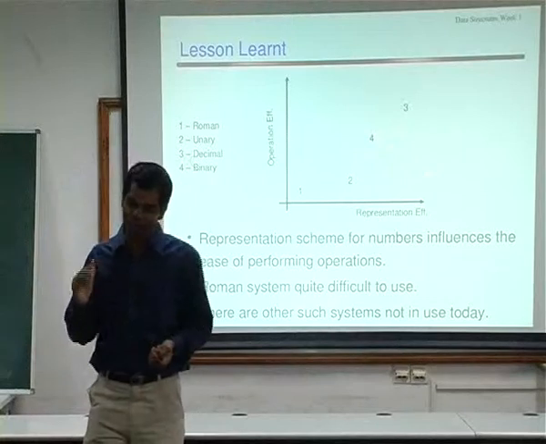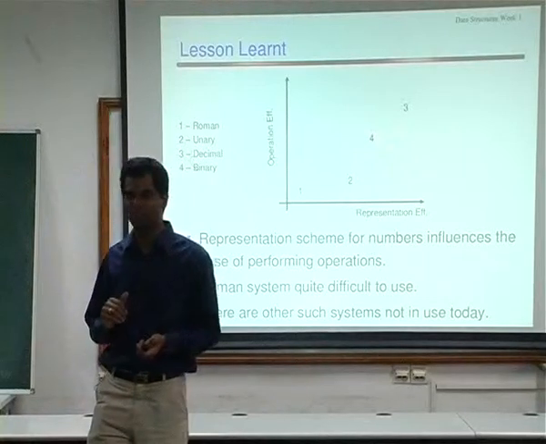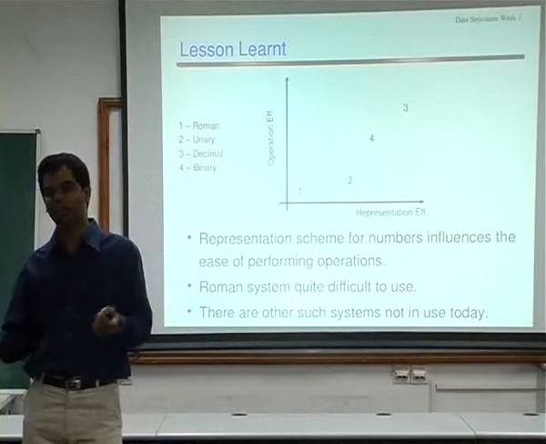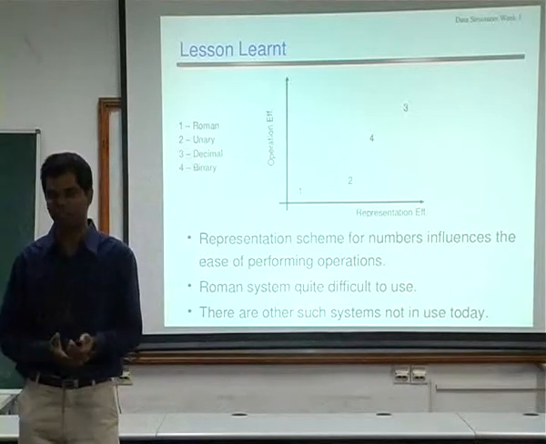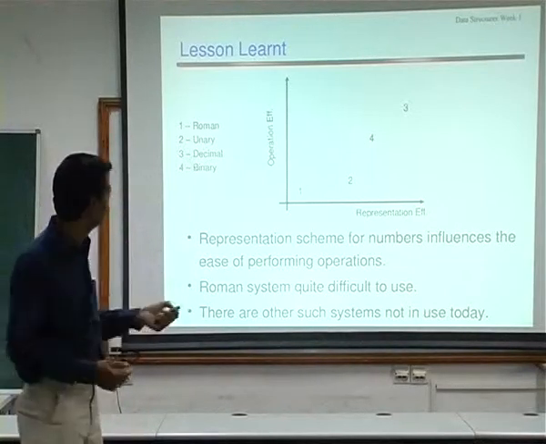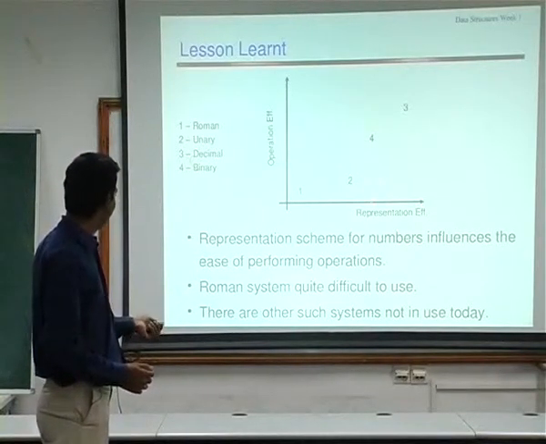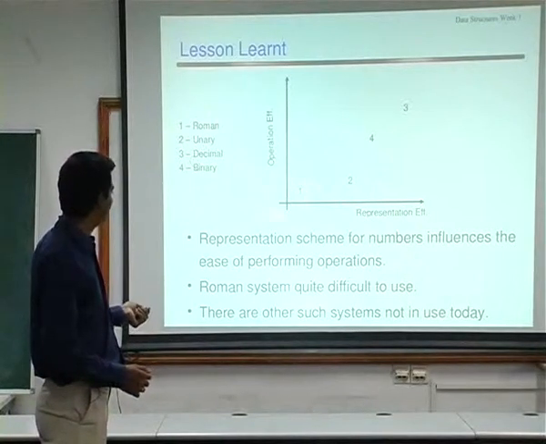And you may ask, why did you also reduce the operational efficiency? This is simply because the longer the numbers, the longer it takes to do the calculation by hand at least, right? So that's the motivation here. Now think of this number 1 sitting down here. That is the Roman system.